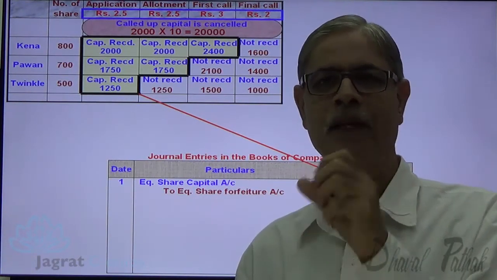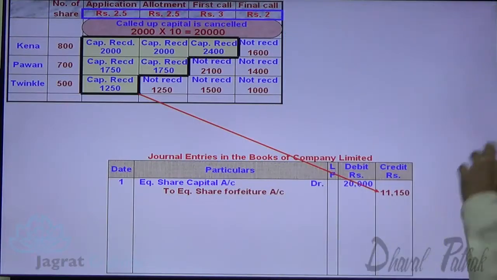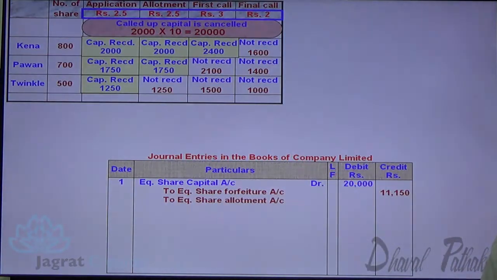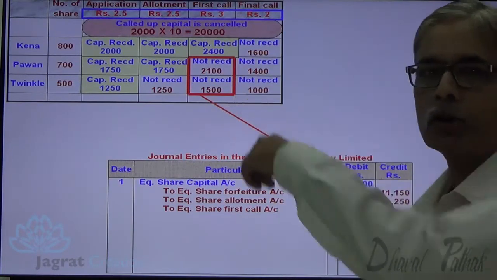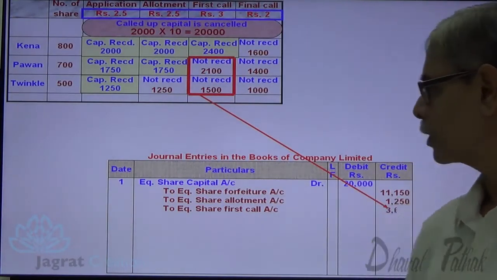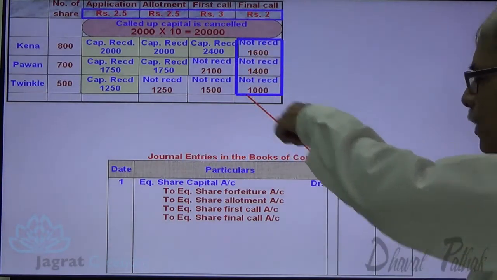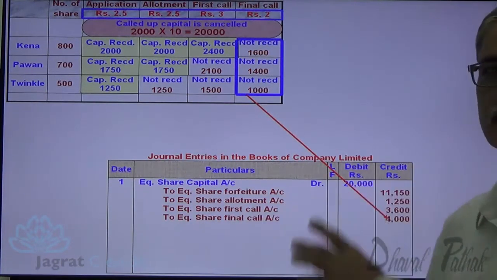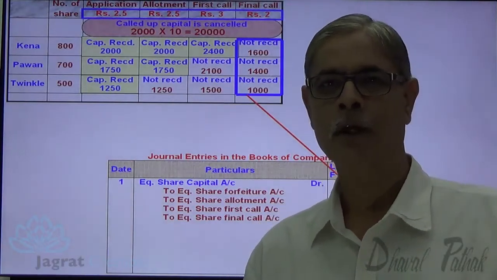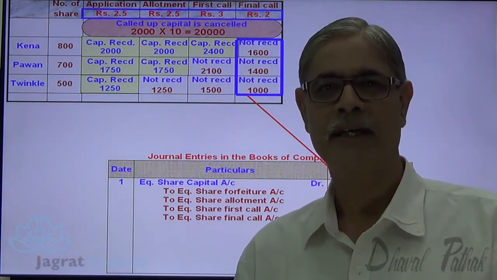That is a capital income of the company that gets credited to share forfeiture account. Allotment not received credited to allotment account. This is the first call not received credited to share first call account. And this is the final call that has been not received credited to final call account. This works out to 4,000. So 4,000 credited to share final call account. This is how forfeiture entry gets recorded.